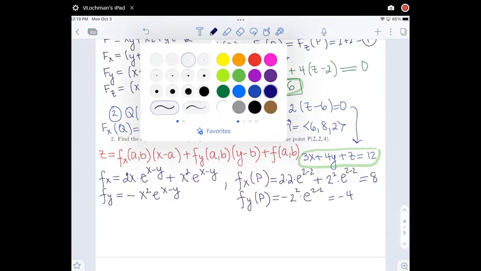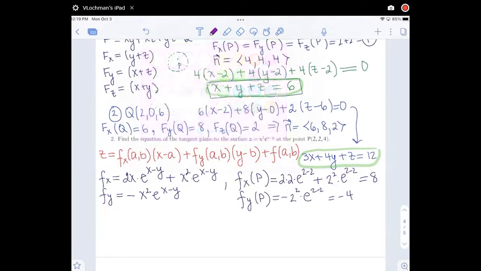Okay, now we're going to plug this into our function. So z is equal to, all right, we have all of the ingredients, right? So this is 8 times x minus 2, that's my point, right? Okay, then plus, what is the slope? Negative 4 times y minus 2.